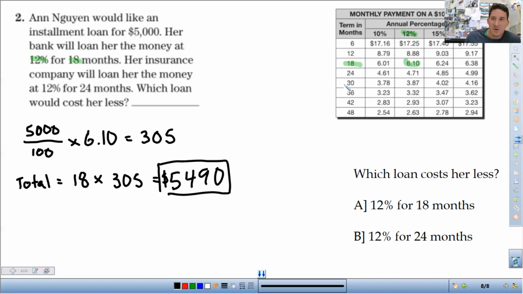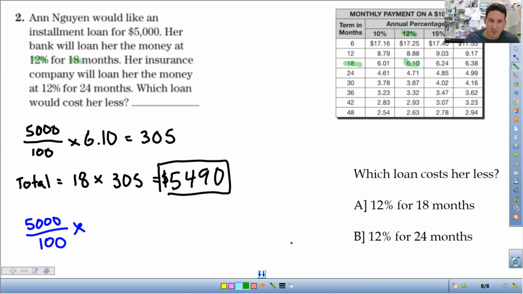So now I'm going to do the 12% for 24 months. I'm going to start off the same way. I'll do this one in green. So actually I should have done that other one in green. I'll do this one in blue. So 5,000 divided by 100, and then I need times the monthly payment on a $100 loan.